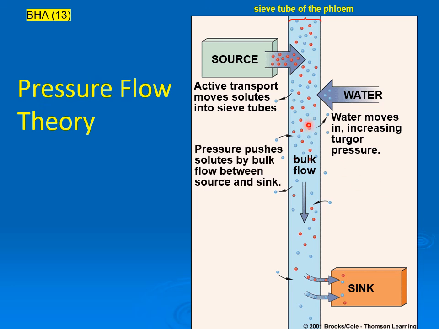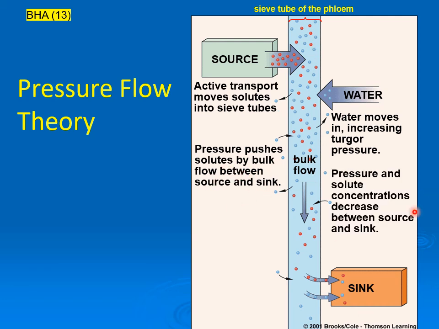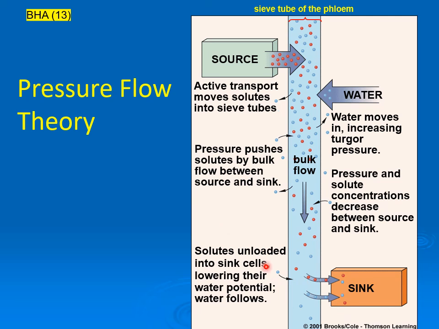And then it will create what they call this bulk flow. Pressure will push the solute by bulk flow between source and sink. Okay, right? And then the solute concentration starts to decrease between source and sink. And then eventually the solute will be unloaded into the sink cell, then lowering the water potential. So once they lower the water potential, water will follow. So itu cara dia ya.